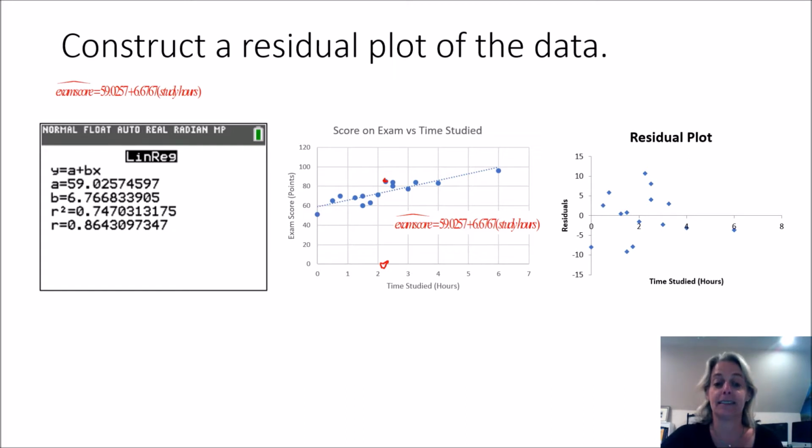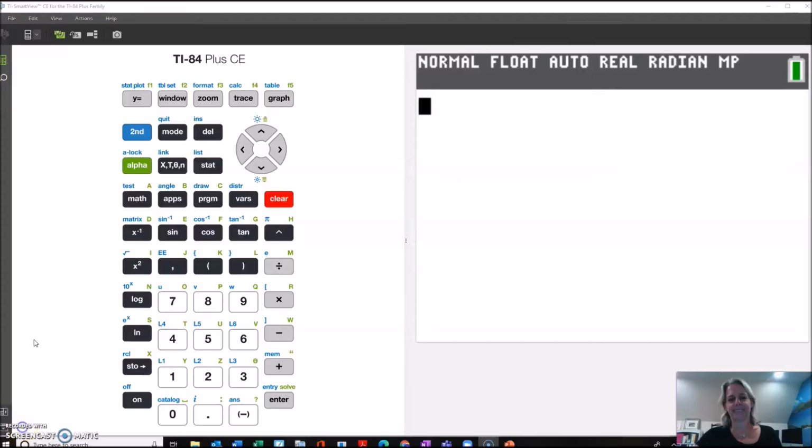If we picked a different point where the observed value is below our regression line, our model would be overpredicting somebody's score based on that X value. So that's important to understand. And then what we're trying to do now is use our calculator to derive this residual plot over here.